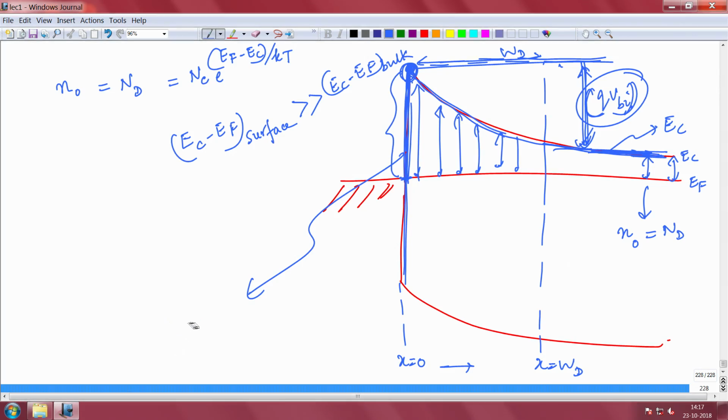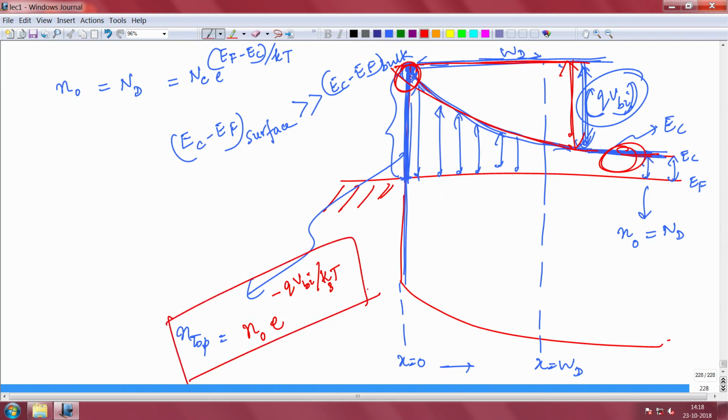Recall that the electron concentration changes exponentially with respect to the band. So if the band has changed by this gap, then the electron concentration here will be n naught times exponential of negative qVbi by kT.